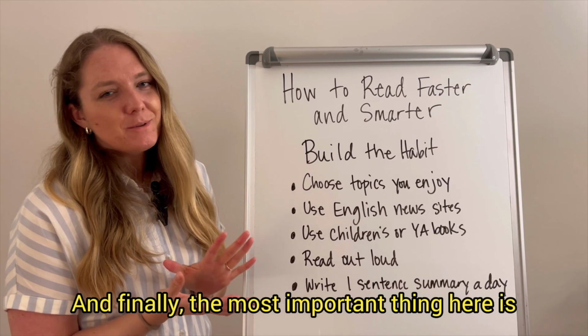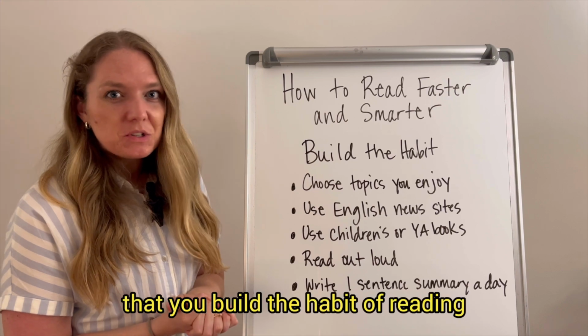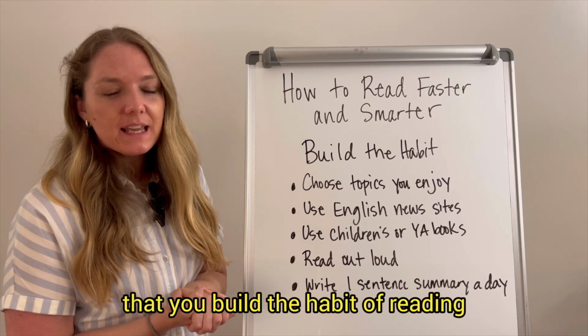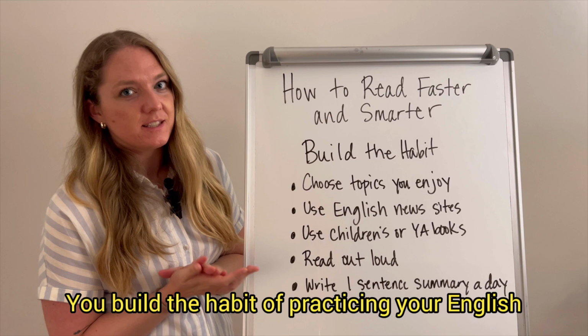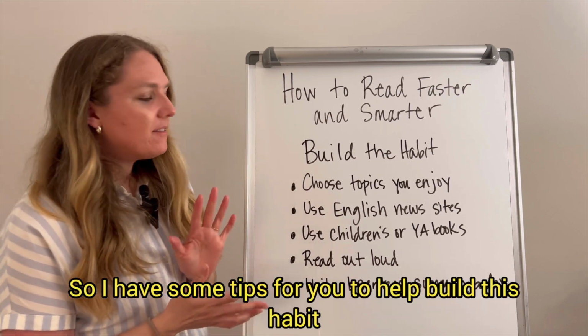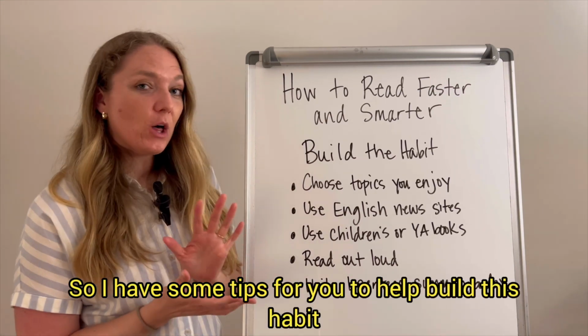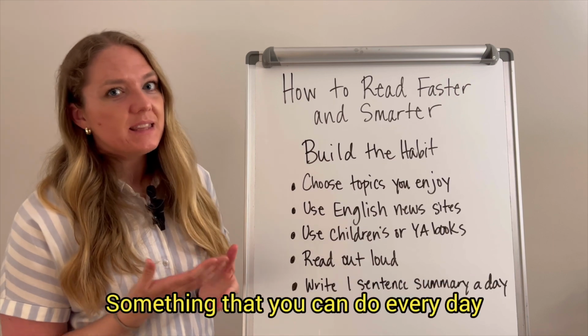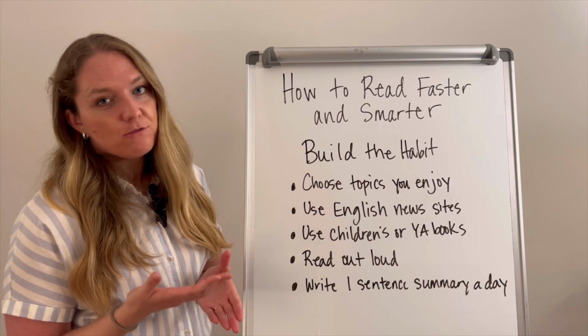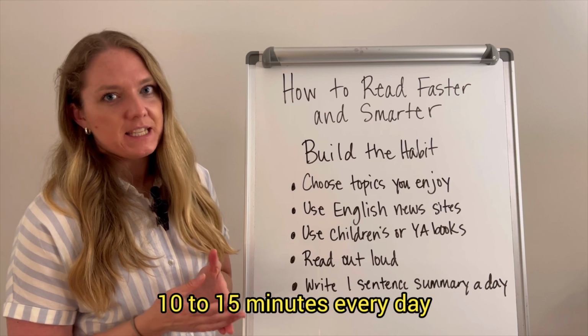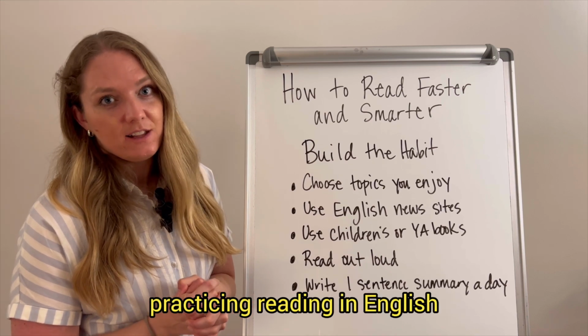And finally, the most important thing here is that you build the habit of reading. You build the habit of practicing your English. So I have some tips for you to help build this habit. Something that you can do every day, 10 to 15 minutes every day, practicing reading in English.